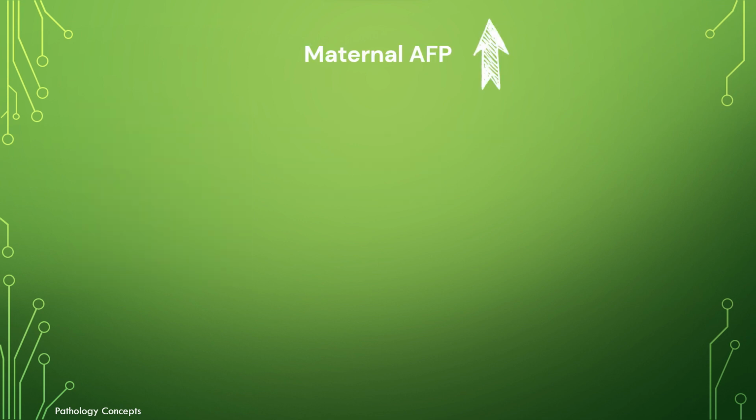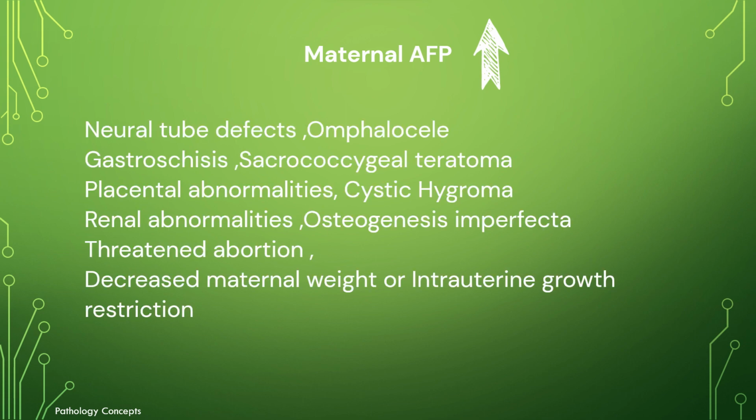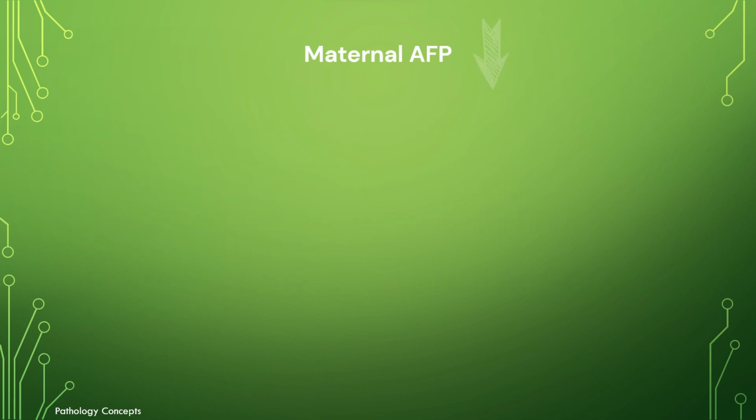If pregnant maternal serum AFP levels are elevated, this suggests the following causes: neural tube defects, omphalocele, gastroschisis, sacrococcygeal teratoma, placental abnormalities, cystic hygroma, renal abnormality, osteogenesis imperfecta, threatened abortion, and decreased maternal weight or intrauterine growth restriction.